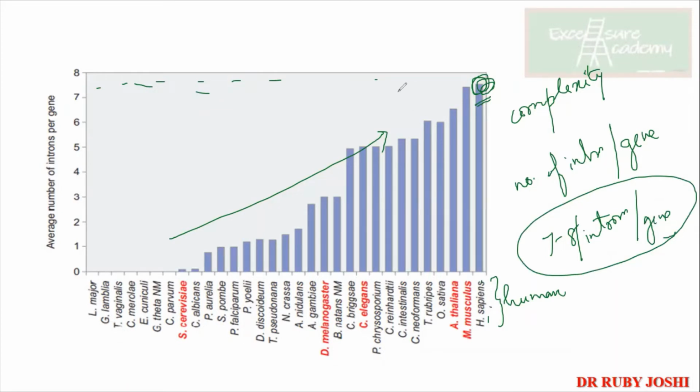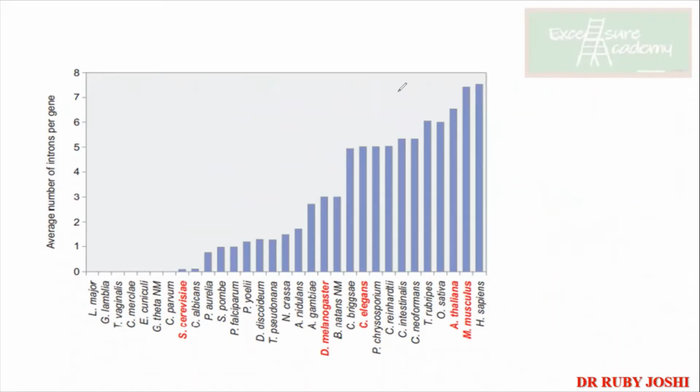Now let us look at all the red highlighted ones. Looking at these red names, what can you tell about them? Is something wrong with them? Can you look over the names and guess why they are highlighted separately? The first one is Saccharomyces cerevisiae. The next is Drosophila melanogaster.